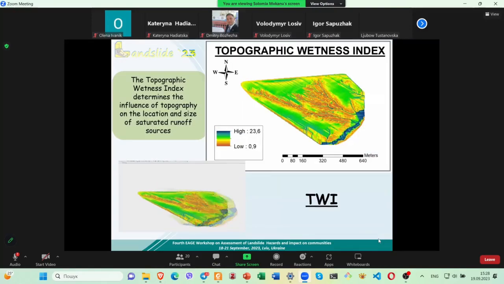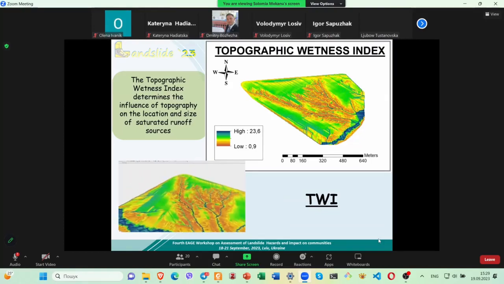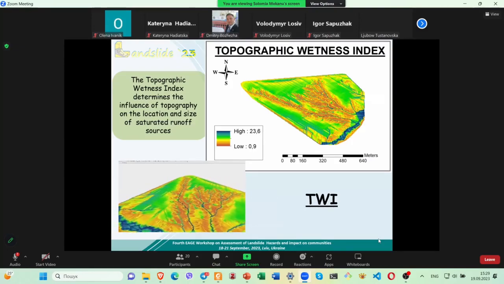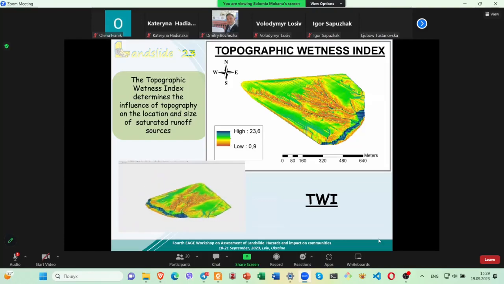The topographic wetness index, or TWI, depends on the influence of topography on the location and size of certain runoff sources. Based on the values of the topographic wetness index, it is possible to classify it into categories: reduced areas of moisture accumulation, maximum index values for areas of potential waterlogging, and minimal index values.